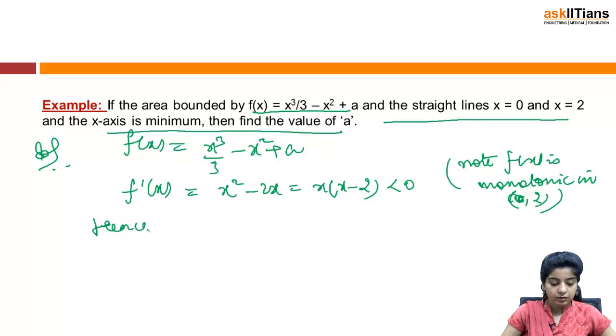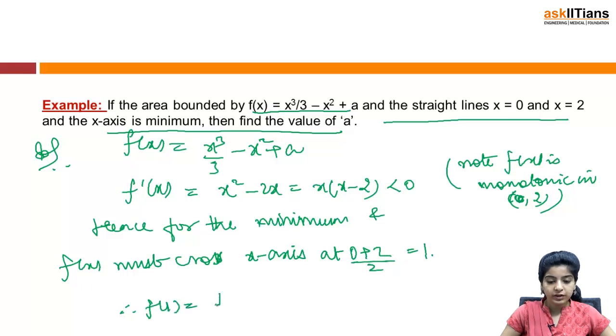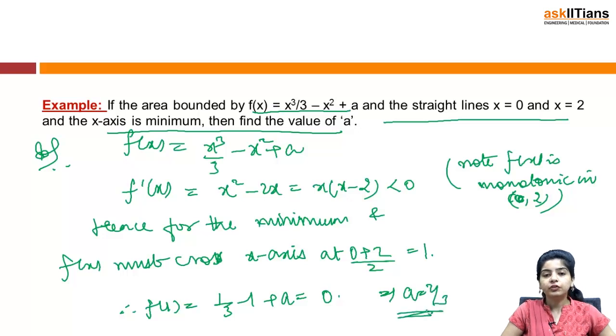Hence, for the minimum, f(x) must cross the x axis at (0 plus 2) by 2, that is 1, and therefore f(1) is 1 by 3 minus 1 plus a, that is 0, which means a is 2 by 3.